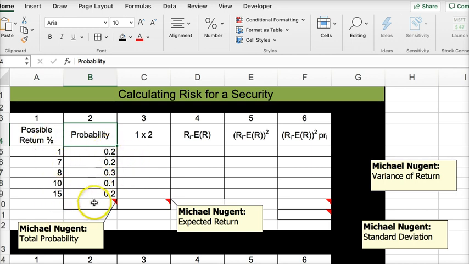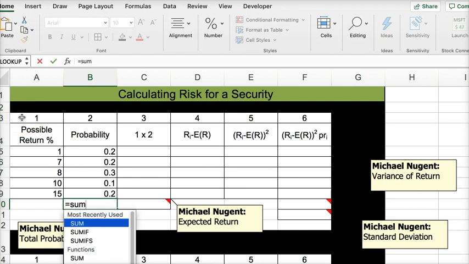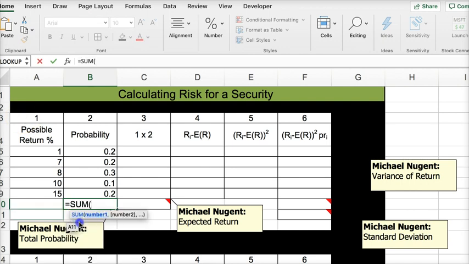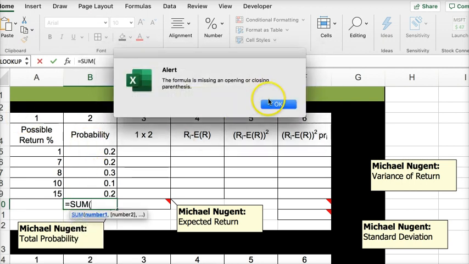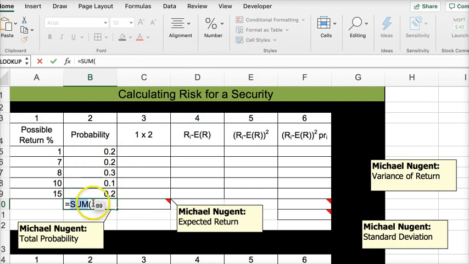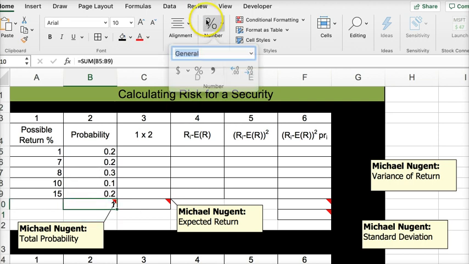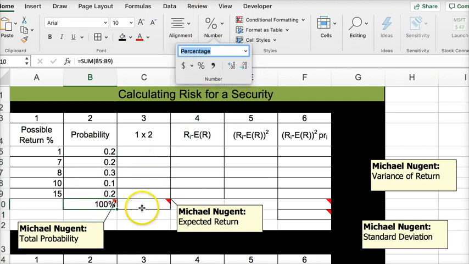So the total probability, we would actually find the sum of this. So I could just go equals sum, and the sum should be 1, or should be expressed as 100%.